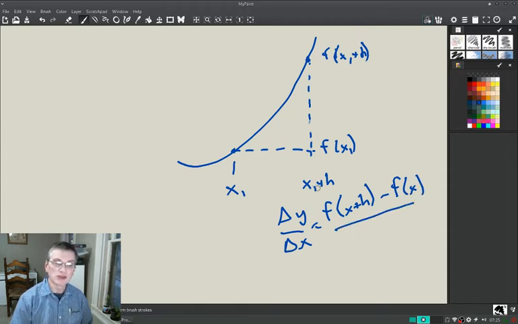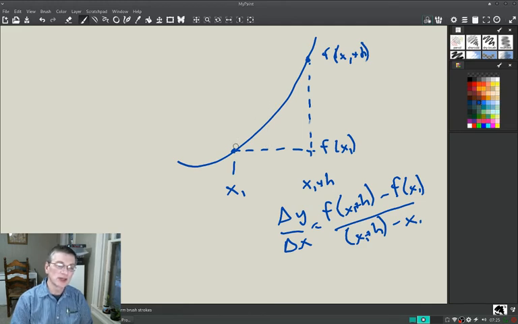And this is going to be x plus h minus x. There should be really ones on these. That's fine. So this is the fundamental difference equation for calculus. And that's one of the reasons we do rate of change.